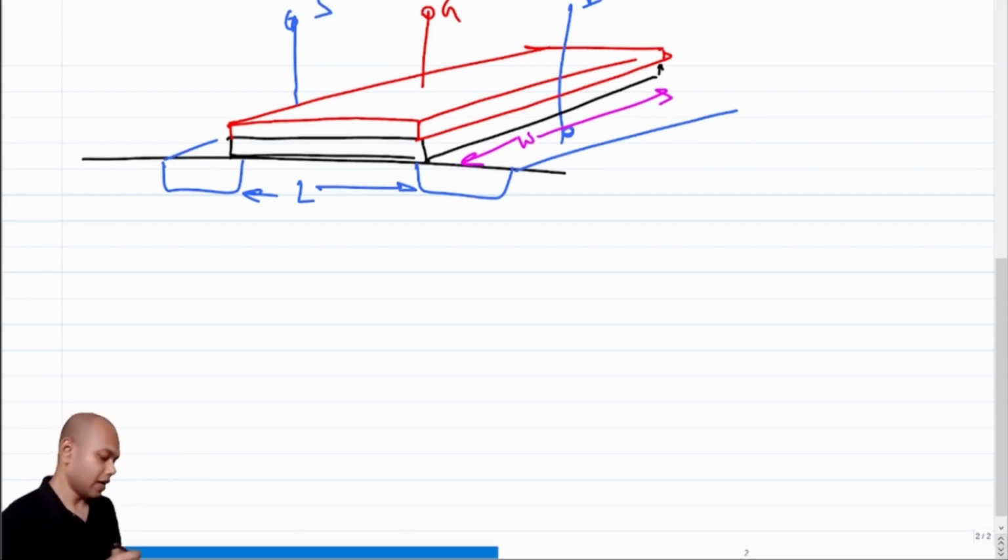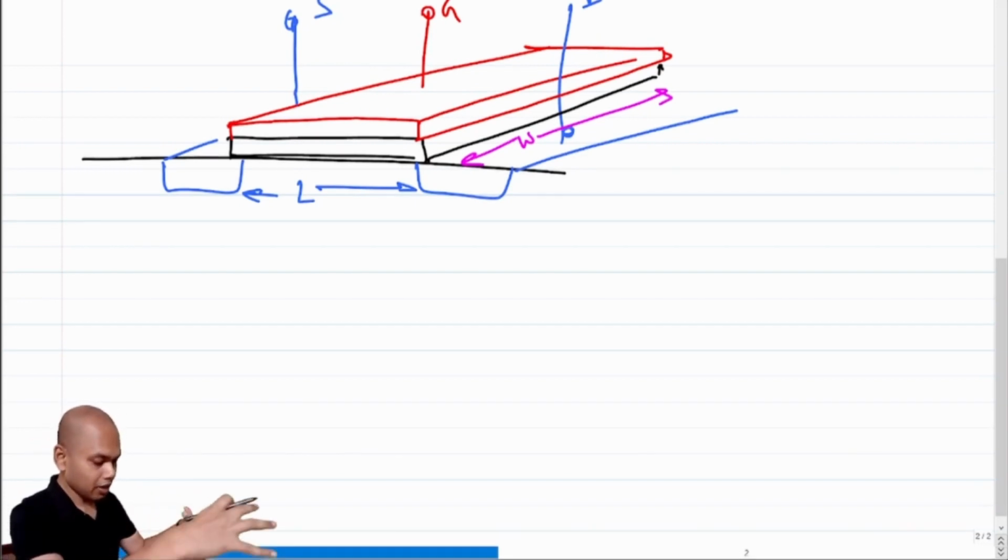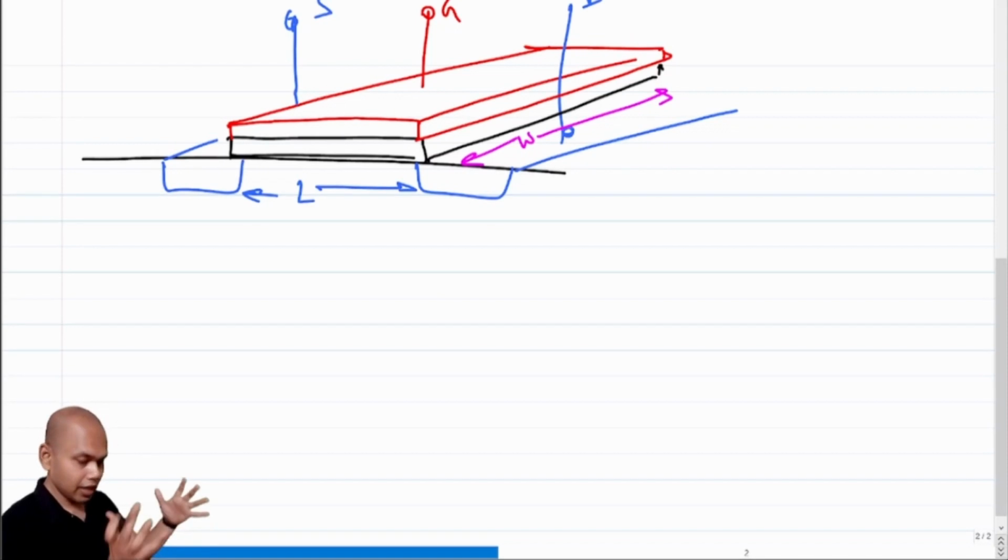Right? So if that is the case, what is the total area of this entire plate?